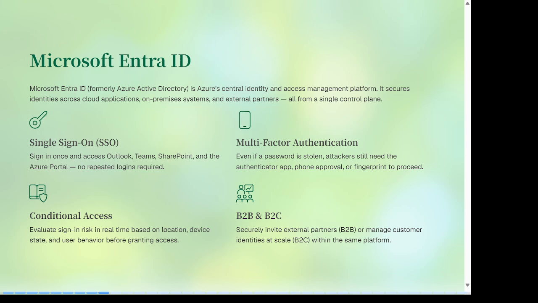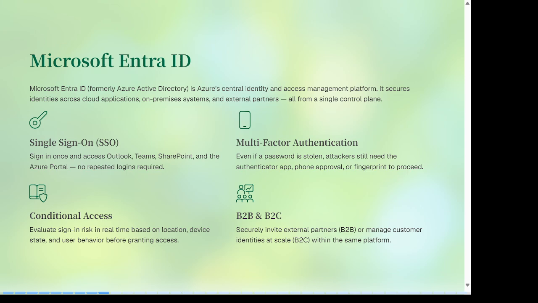This ensures both convenience and security at the same time. If your password gets stolen but MFA is enabled, can an attacker still access your account? No, right? Because authentication requires multiple factors, not just a password.